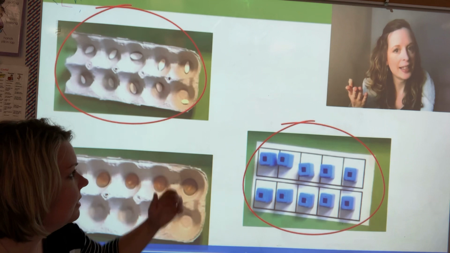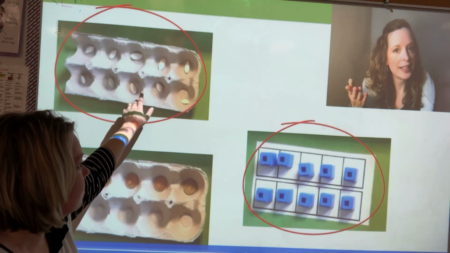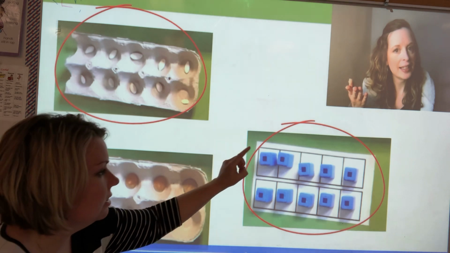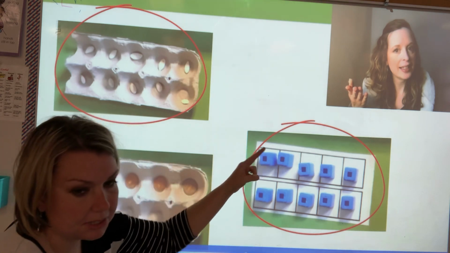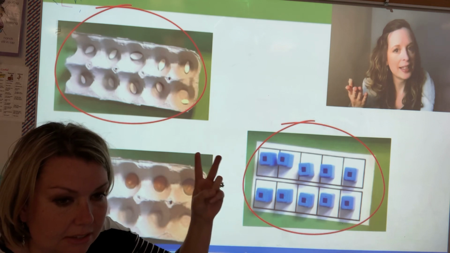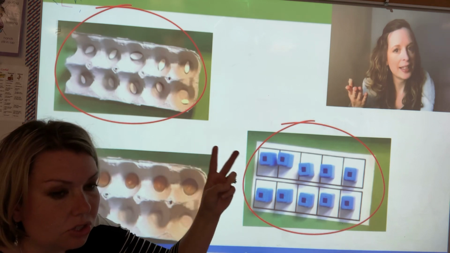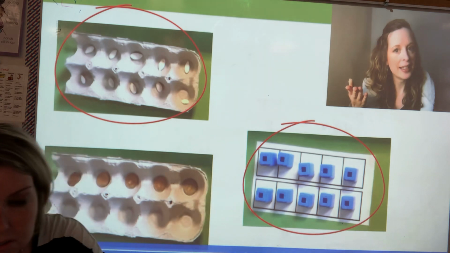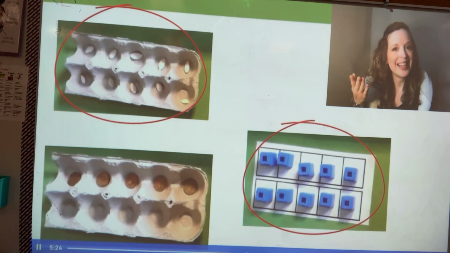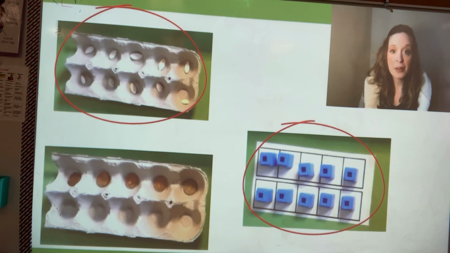We counted 10 things with the pumpkin seeds, that's 1, and with the cubes, that's 2. So we counted 10 things 2 times. Let's listen to Miss Emily. Yes, we counted 10 things 2 times.